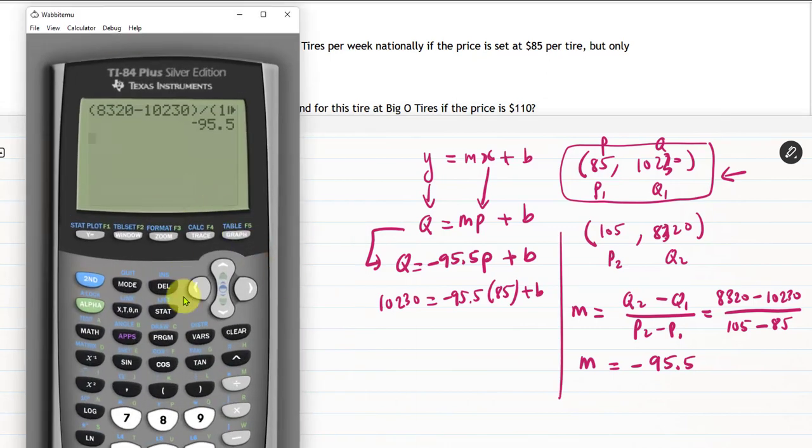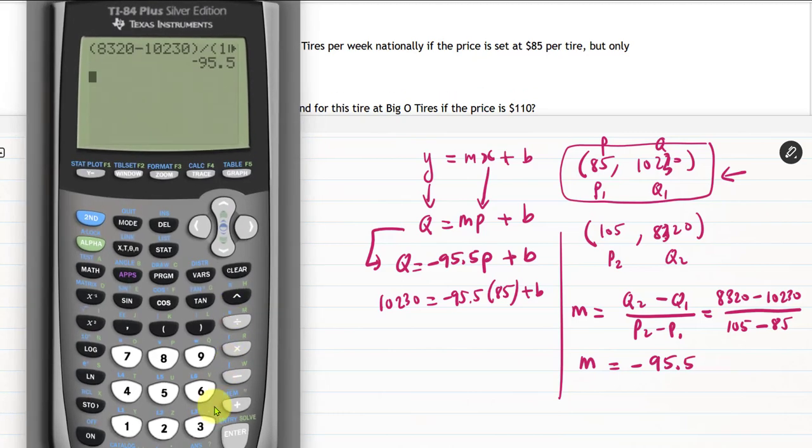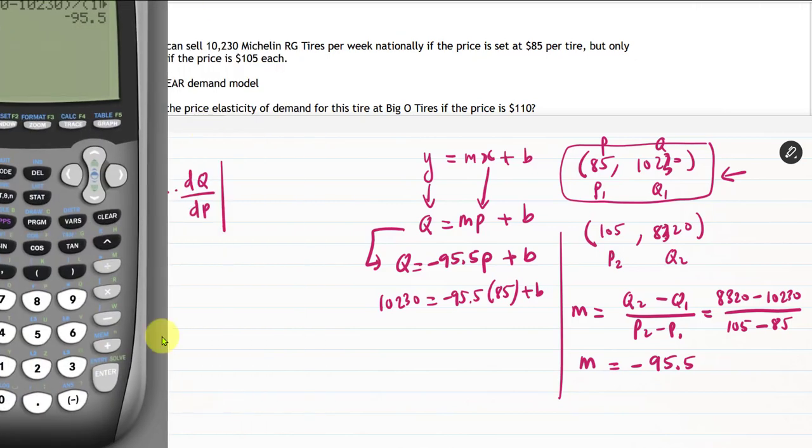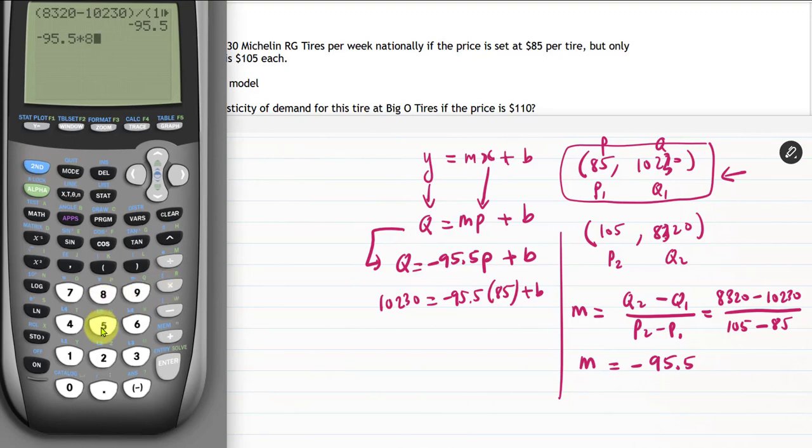Let's use the calculator. In this case, we have minus 95.5 multiplied by 85, and I can add this on both sides to solve for B. So 10,230, and then I add 8,117.5.